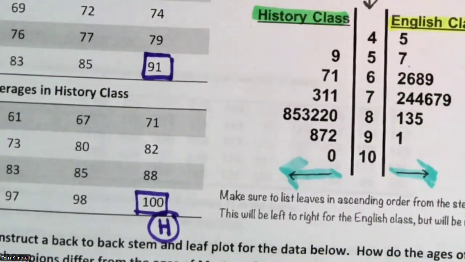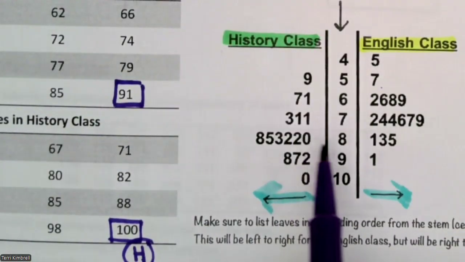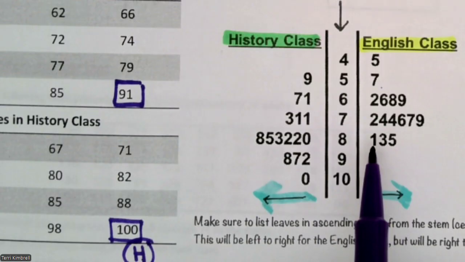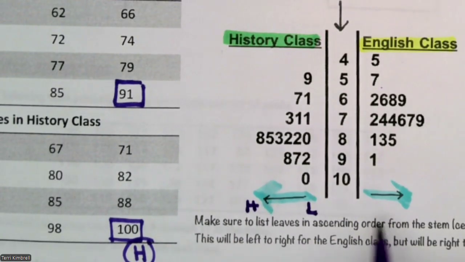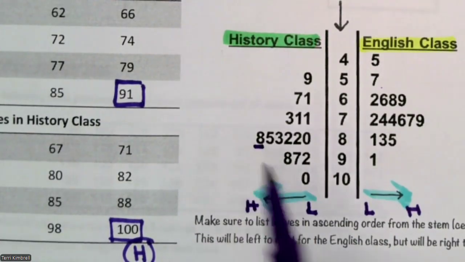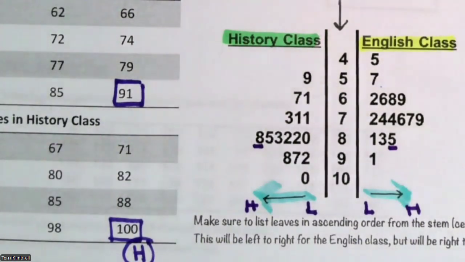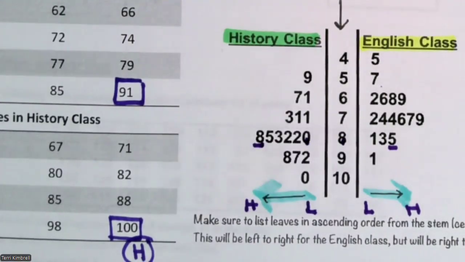So when you're looking at that, please note that your lower values are going to be on the inside. So it's going to go from low to high. So low to high. So your higher numbers are going to be on the right side. So when you read that, it's 80, and then your 85 will be on that left side. Okay.